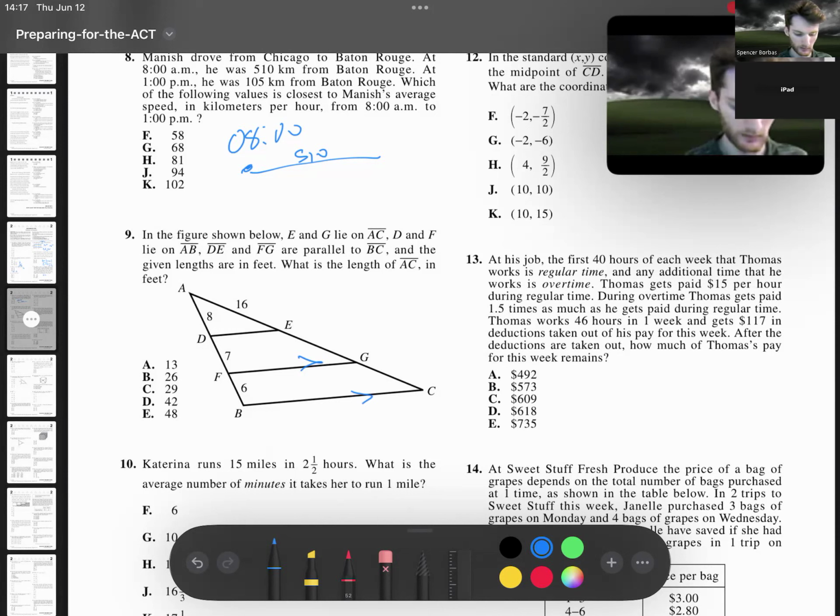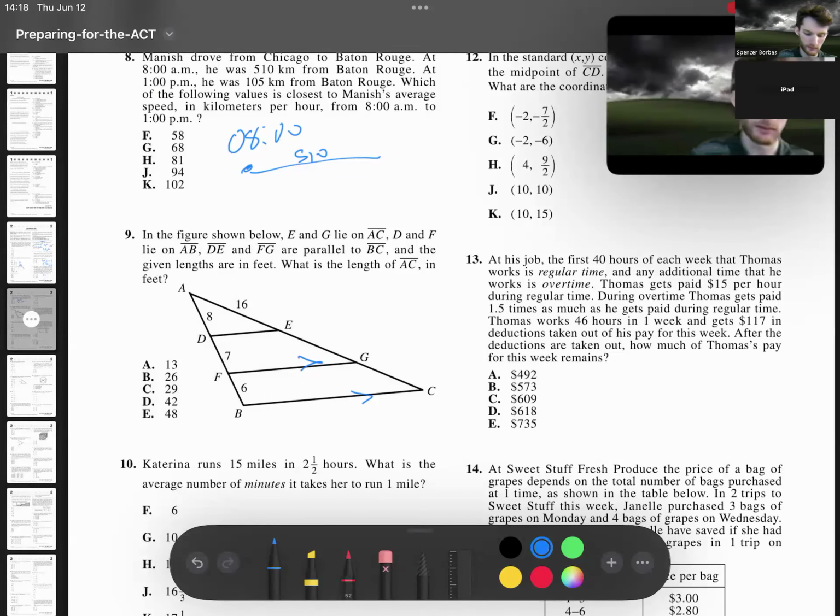And the given lengths are in feet. What is the length of AC in feet? Okay. Oh, so they're all proportional.